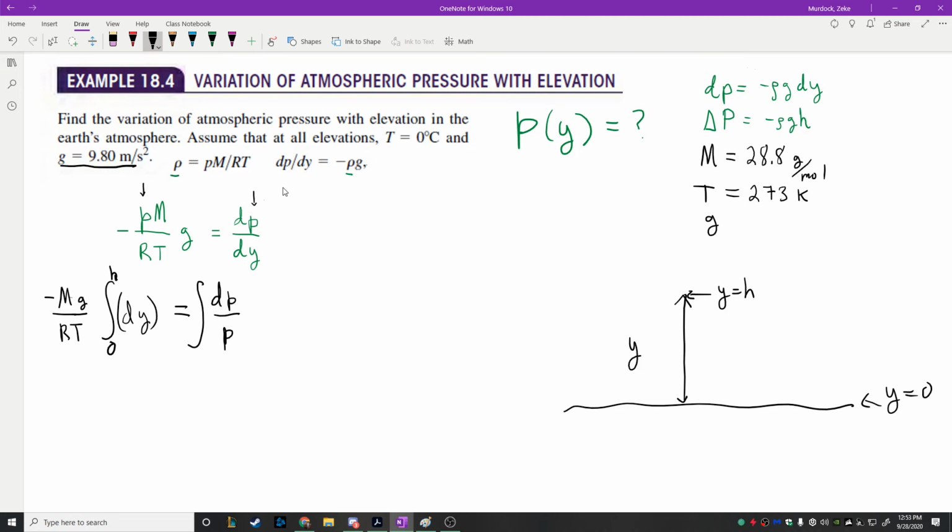And then on the right-hand side, if we're integrating upwards, we'd want to integrate from the pressure at the bottom up to whatever the pressure at the new height is. Call it P prime. So I think in here we'd have to put the pressure at the surface, where the pressure at the surface would be like 1 atmosphere.